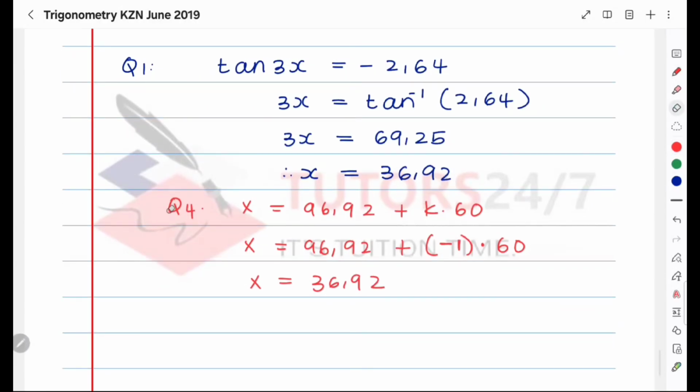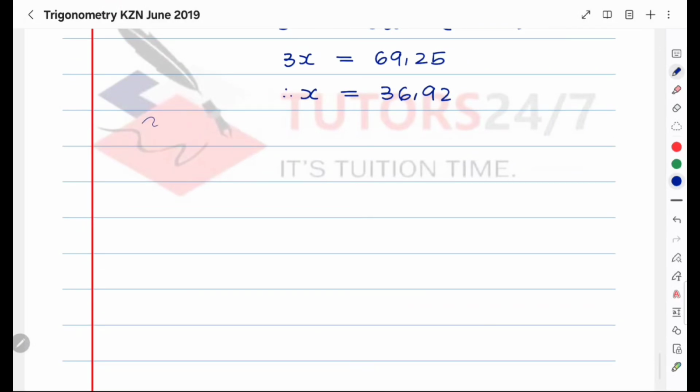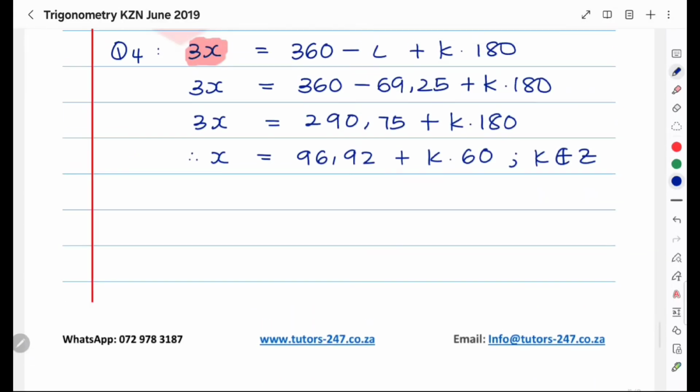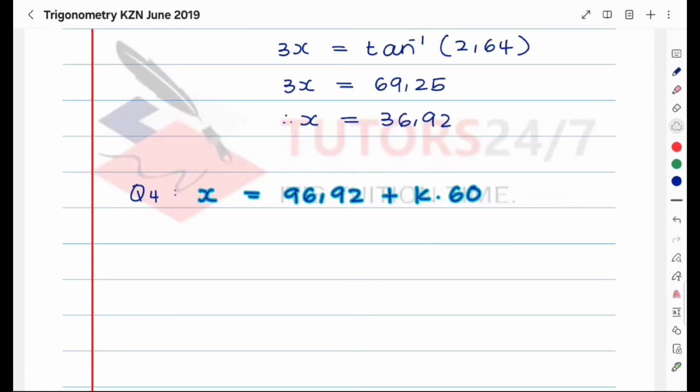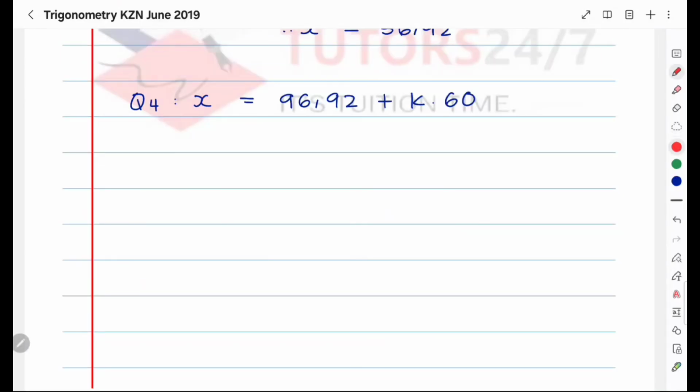Now, let us find our solution in quadrant 4. So next, in quadrant 4, we are going to use our solution from the previous question. So let's just copy this. Now I'm going to start by making k equal to negative 2.